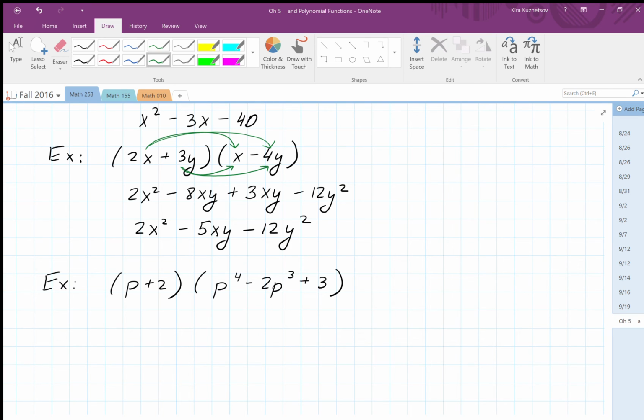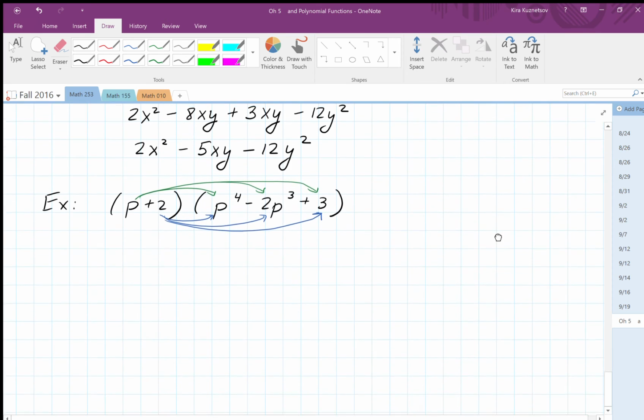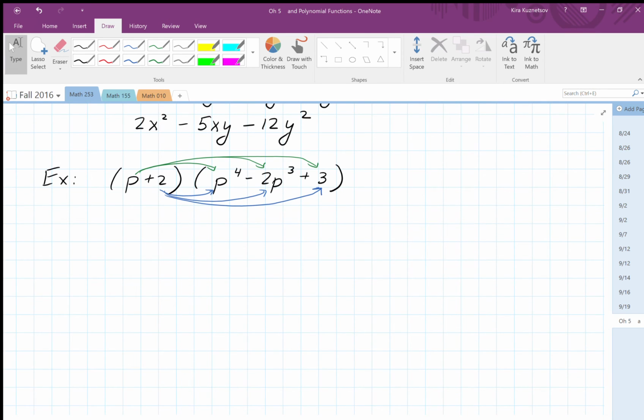Just do it very carefully. You start with the p. You make sure that it goes through the second parenthesis. And then you get to the 2. You make sure that it goes through the second parenthesis. Do it very carefully and then collect like terms.